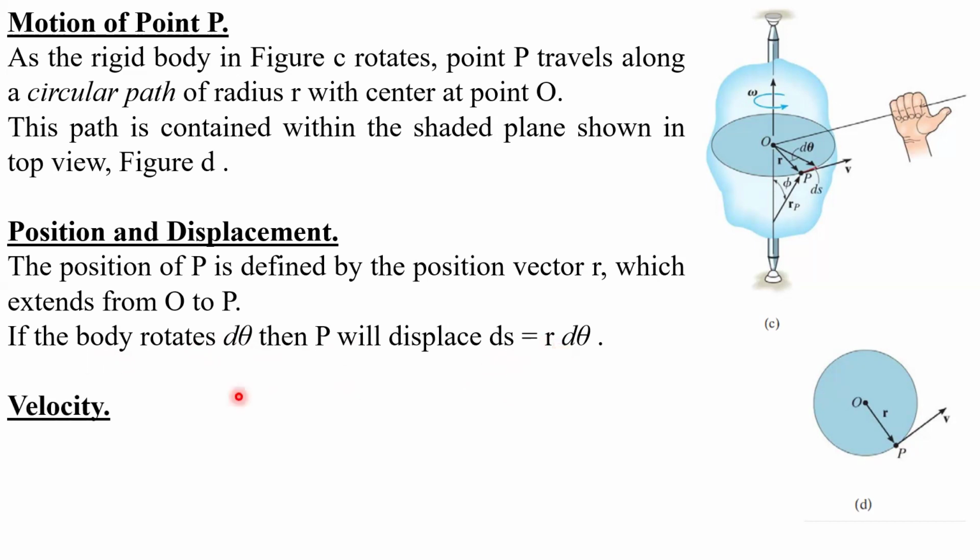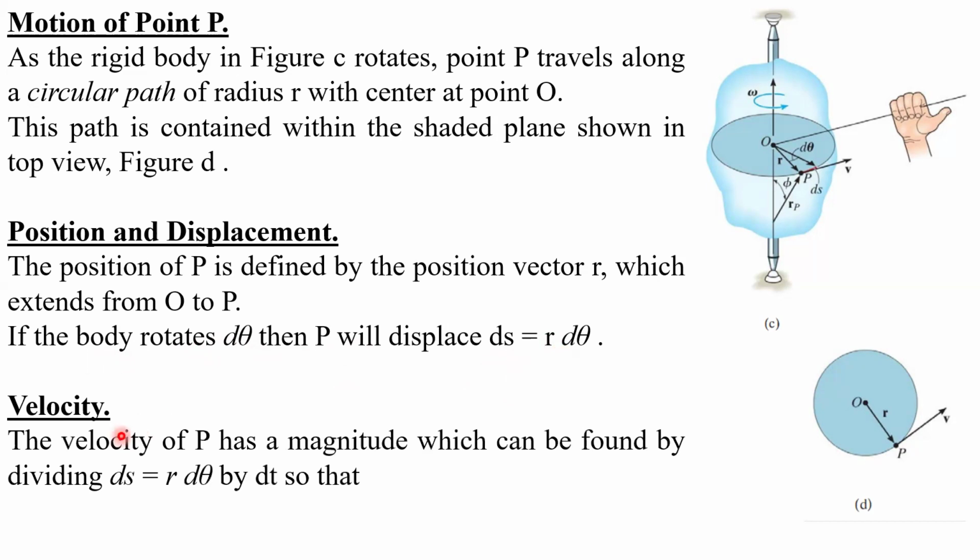So, velocity. The velocity of point P has a magnitude which can be found by dividing ds, or r d theta, by dt, so that we have V is omega r.